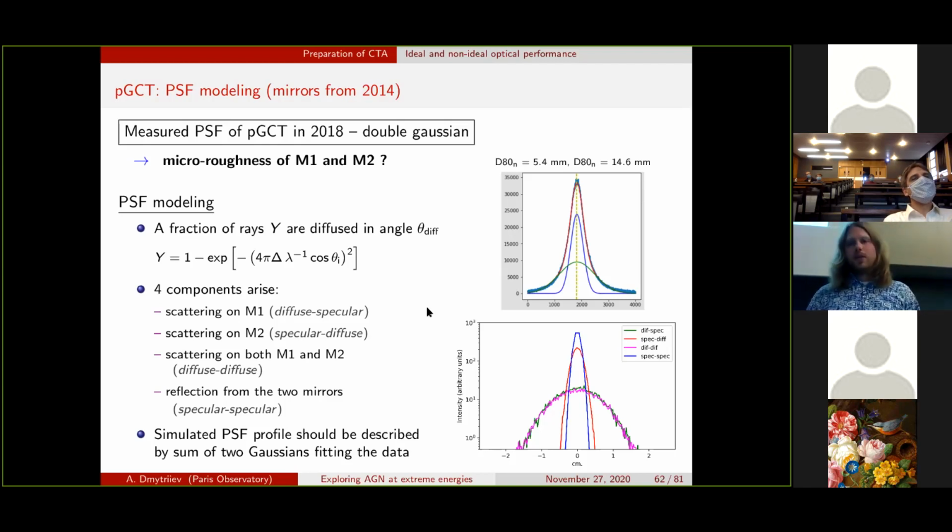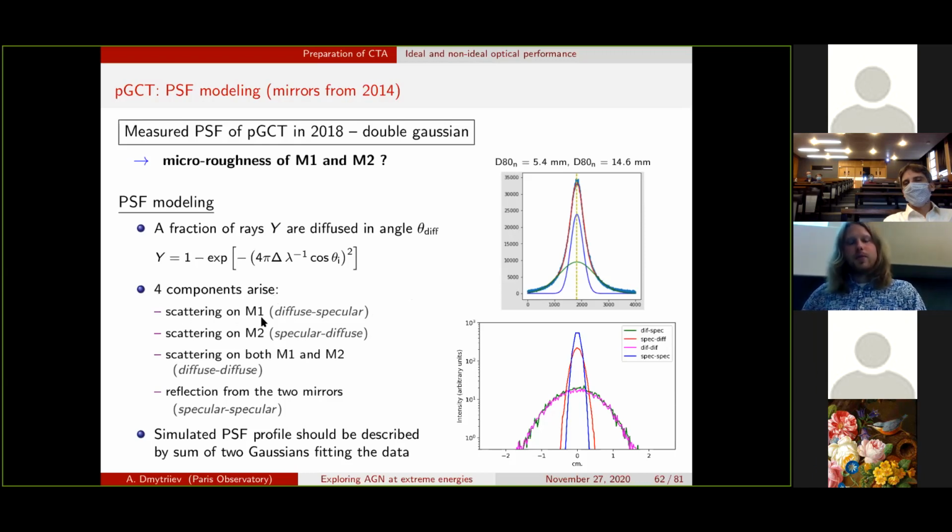There is the following picture: a fraction of rays falling on the mirror are scattered, and another fraction, y, is diffused in an angle theta diff, and this fraction is controlled by the micro roughness parameter. Using these scatterings between M1 and M2 and reflections, 4 components arise.